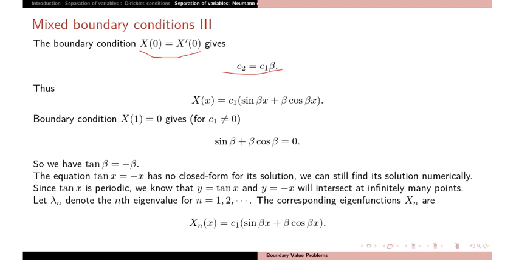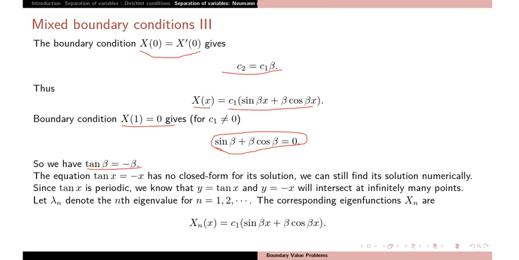So take C1 outside. Solution is this, X equal to C1 (sin beta x plus beta cos beta x). Now use boundary condition X(1) equal to 0. This will give you an unusual situation, sin beta plus beta cos beta equal to 0 when x is 1. And further simplifying, this will give you tan beta equal to minus beta.